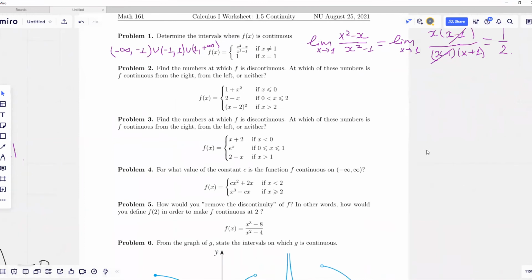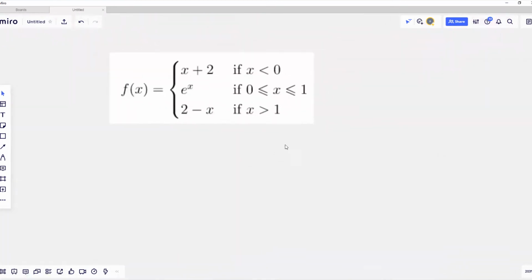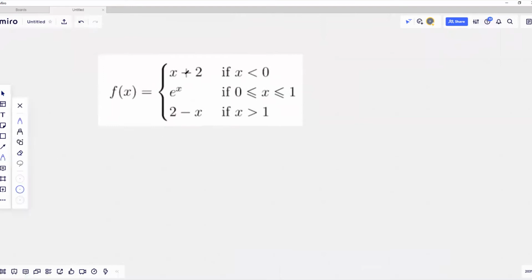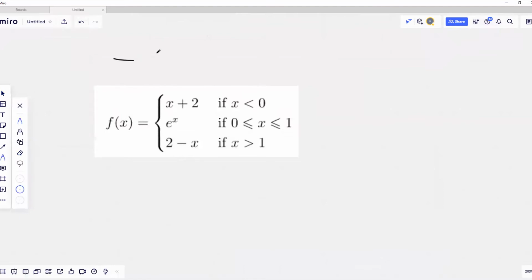Now, next problem. Find the numbers at which f is discontinuous. Again, same question. Let's copy that somewhere else. Okay, again, we are starting with a polynomial. It's continuous everywhere.